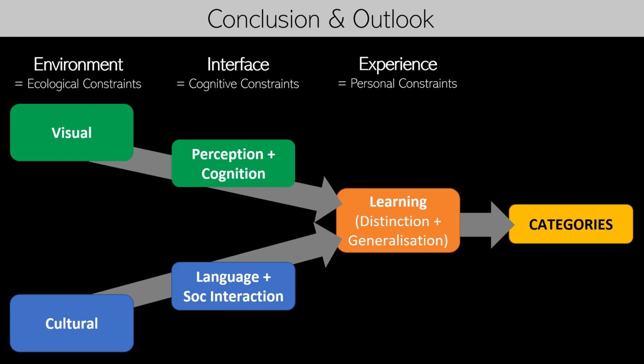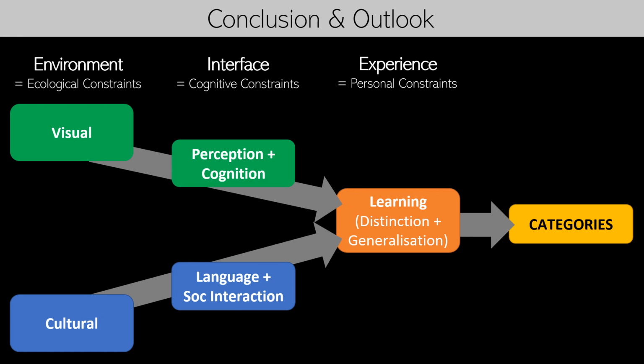Ecological constraints may involve biological needs, such as the need to find water, and cultural artifacts, such as the availability of colored pigments. Features of our perceptual and cognitive system filter which information from the environment is available to us. For example, spectral information is lost due to the principle of univariance of human color perception.